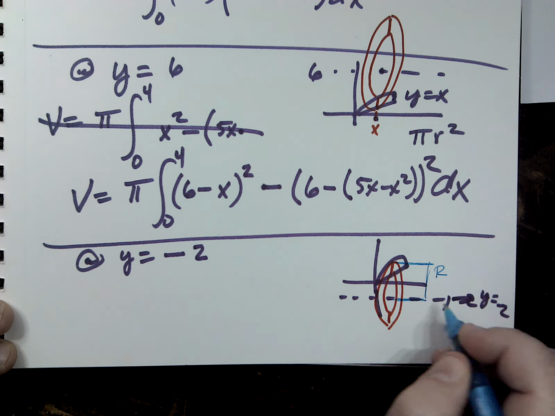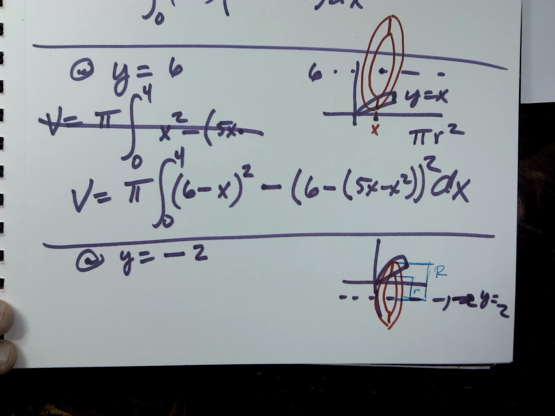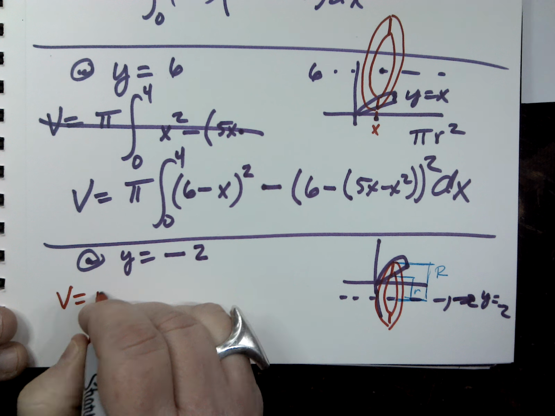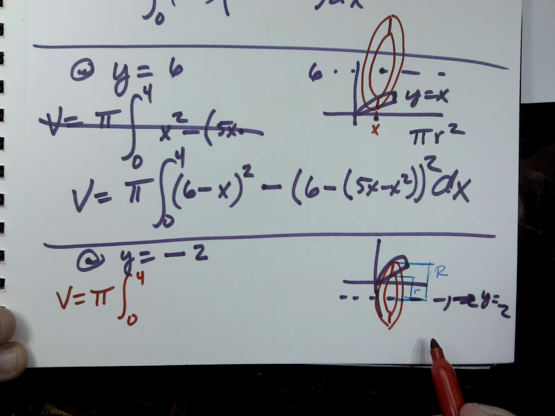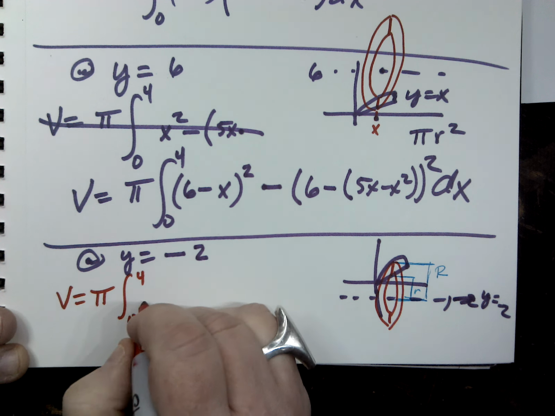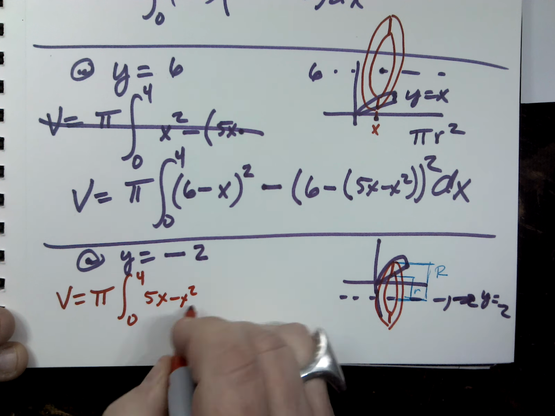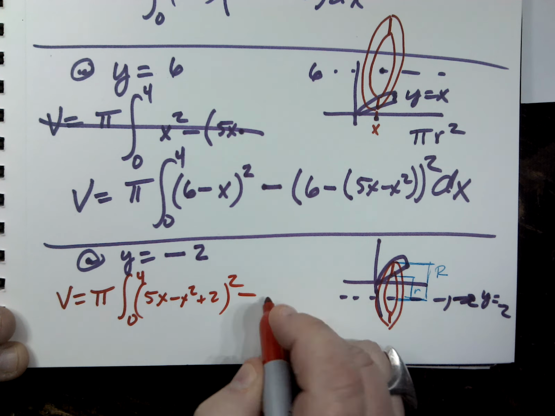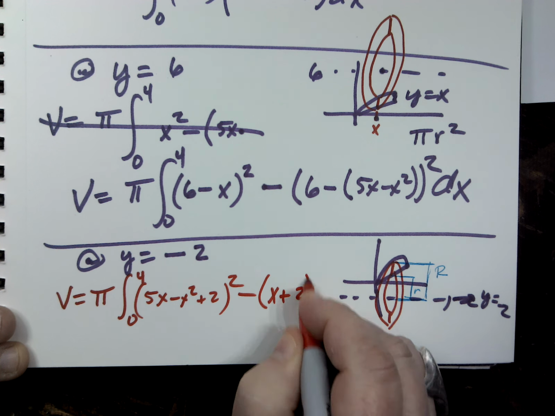That's the big radius. And the little radius is that. So volume is pi, integral from 0 to 4. The big radius is the outer function, or the higher function, 5x minus x squared, plus 2 more units. The inner circle is x plus 2.